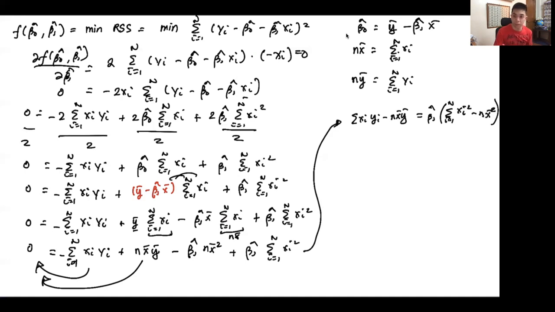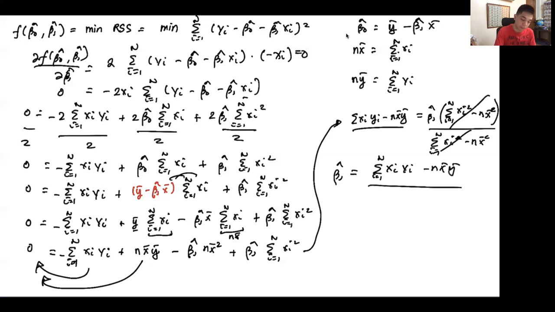Then what I do to isolate beta 1 is to just divide both sides by this thing, sum i equals 1 to n of x_i squared minus n x bar squared. So I get beta 1 hat is equal to sum i equals 1 to n of x_i y_i minus n x bar y bar, all over sum i equals 1 to n of x_i squared minus n x bar squared.